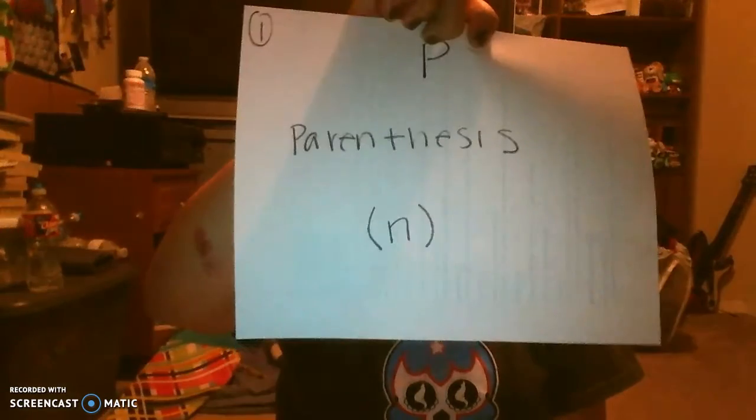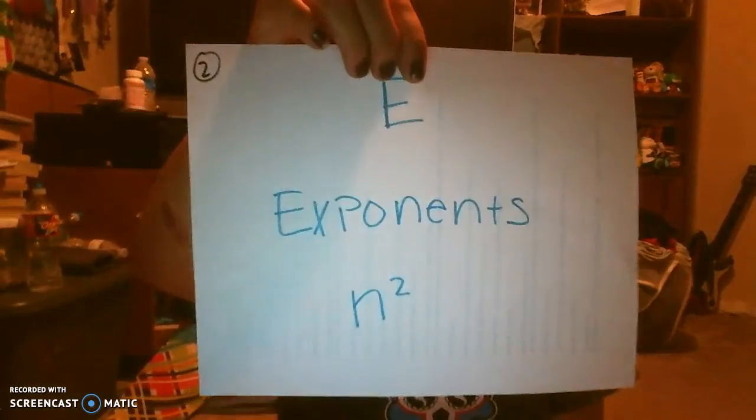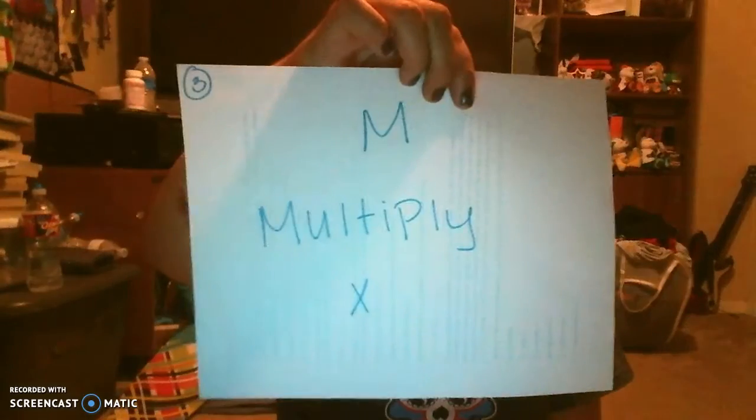I have P for parentheses. In the parentheses, there's going to be a number there. So watch out for the parentheses. E for exponents is going to have the number, and on the top right hand corner it's going to have the exponent number. I have M for multiply, and you're going to multiply your numbers.